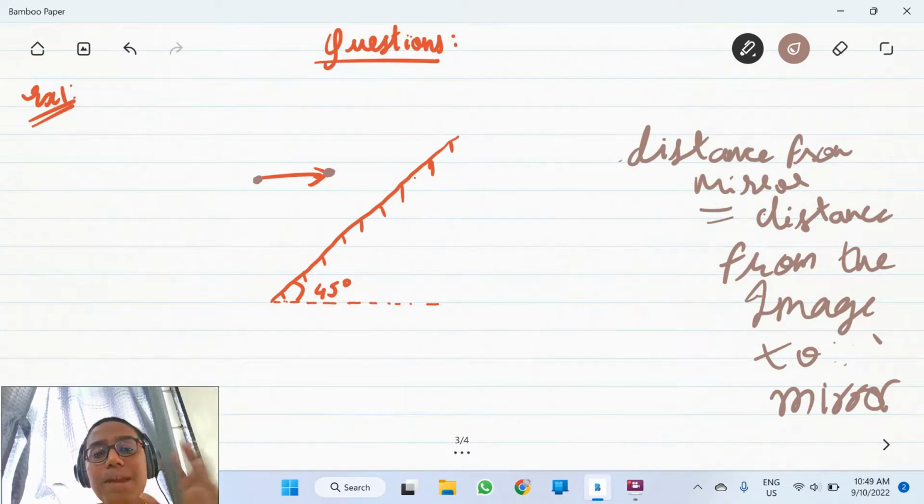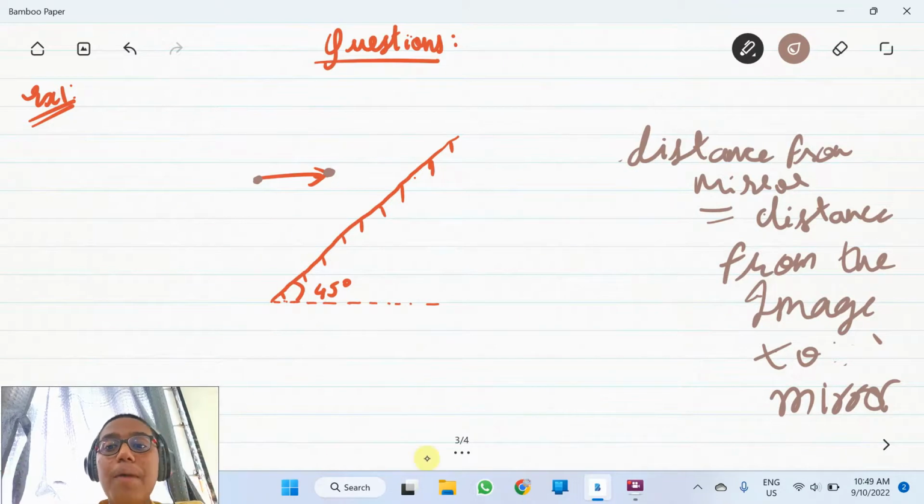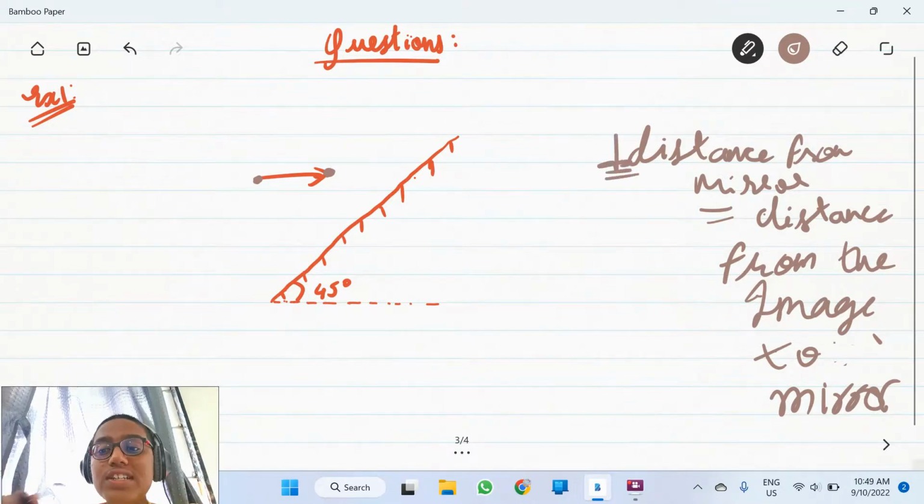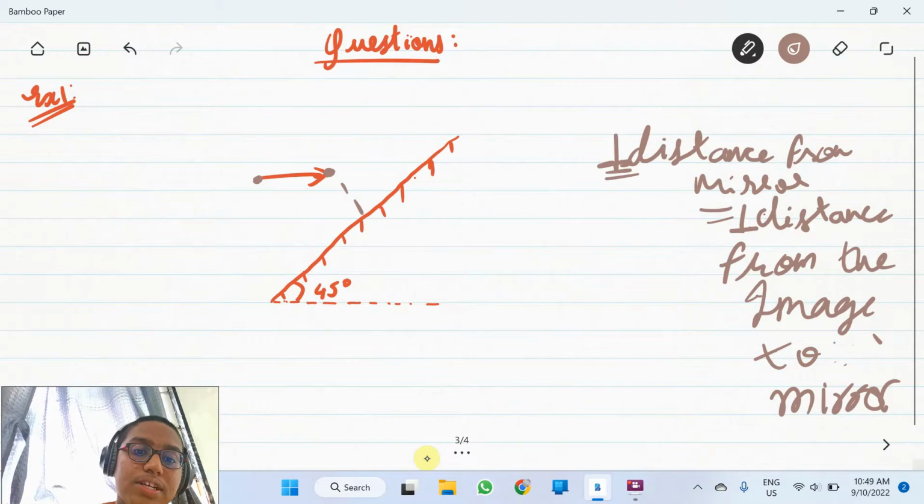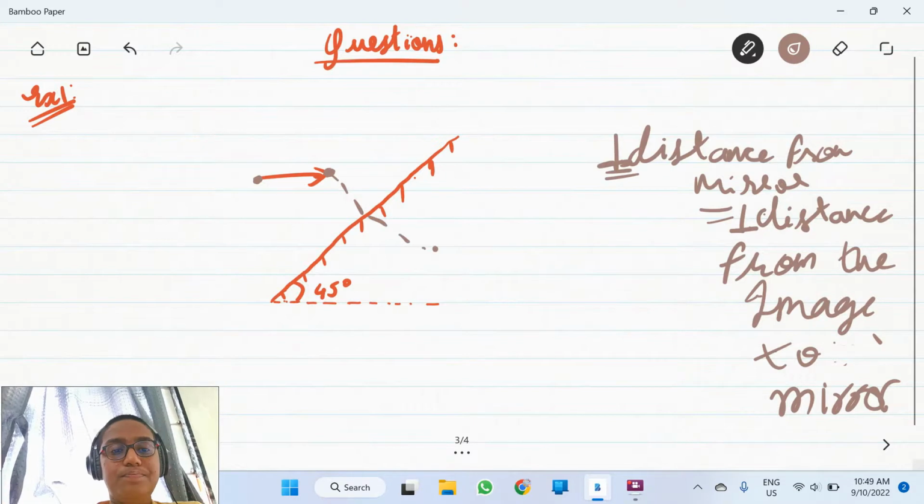Now the main point here is why I have given this question to you. The word distance we are using here refers to the perpendicular distance. This is the key thing, and by this only this question will get solved. So let's draw, this is the perpendicular distance. Now same perpendicular distance here, so this point will get here.